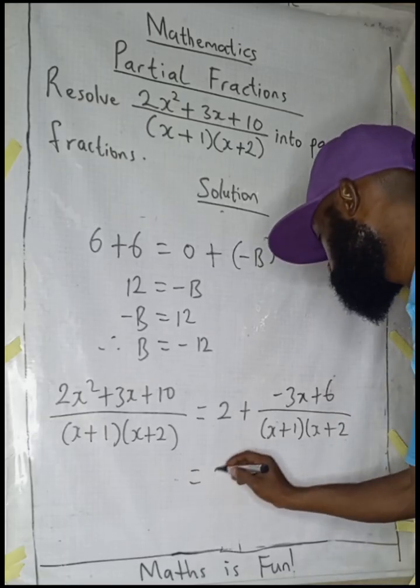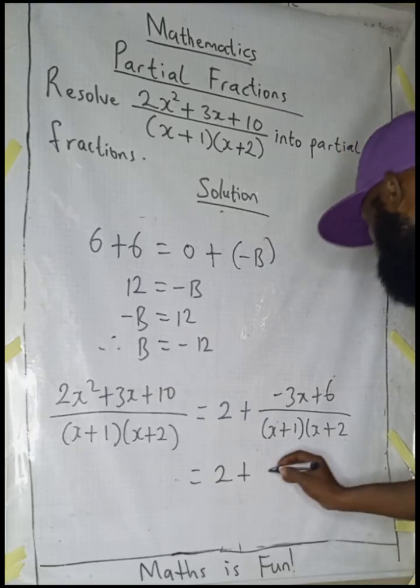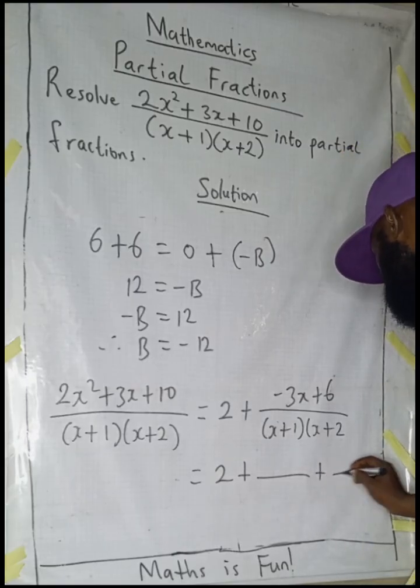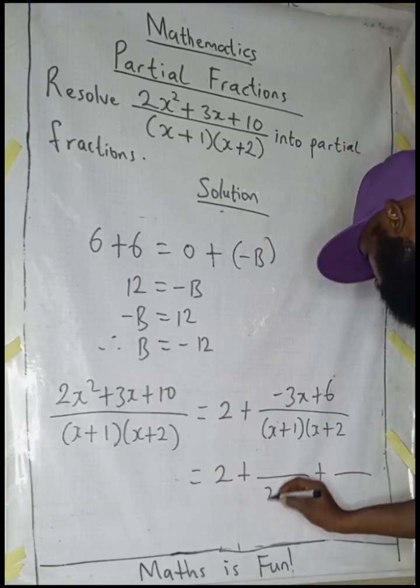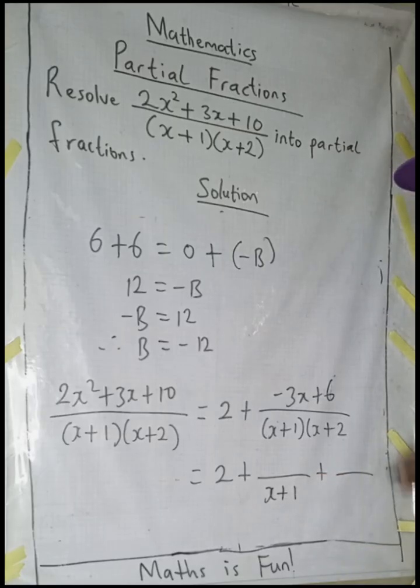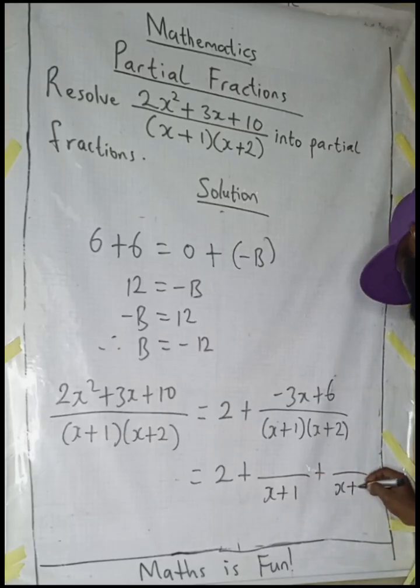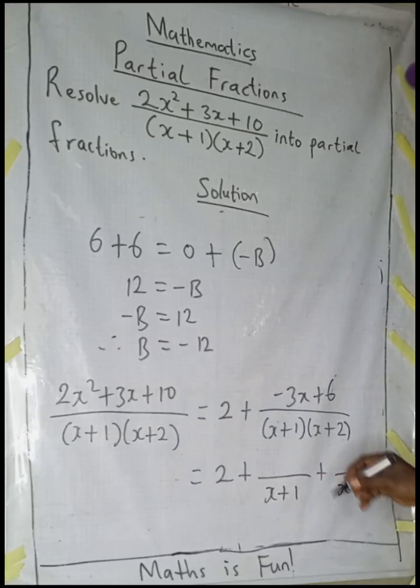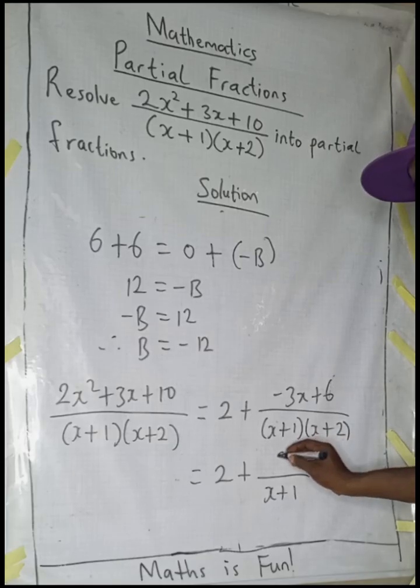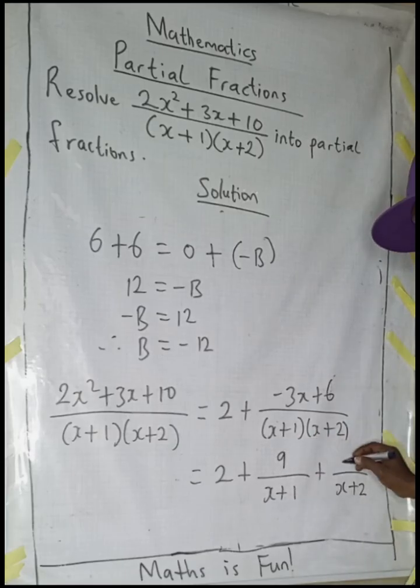So that will be equal to 2 plus, we called it, a over x plus 1 and b over x plus 2, right? And a is 9 and b is minus 12.